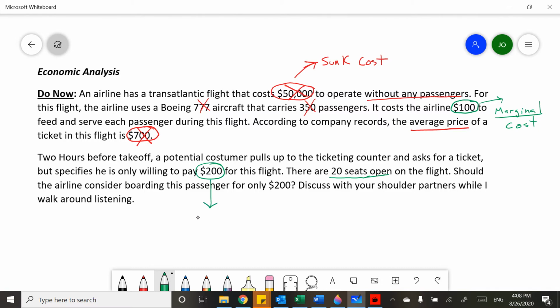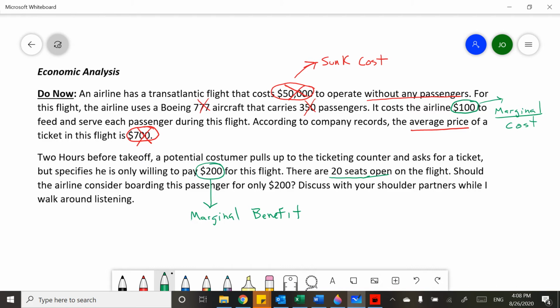This for the airline would be the marginal benefit. Again, marginal: one more passenger. How much money does one more passenger bring to the airline? In this case, it's going to be 200.